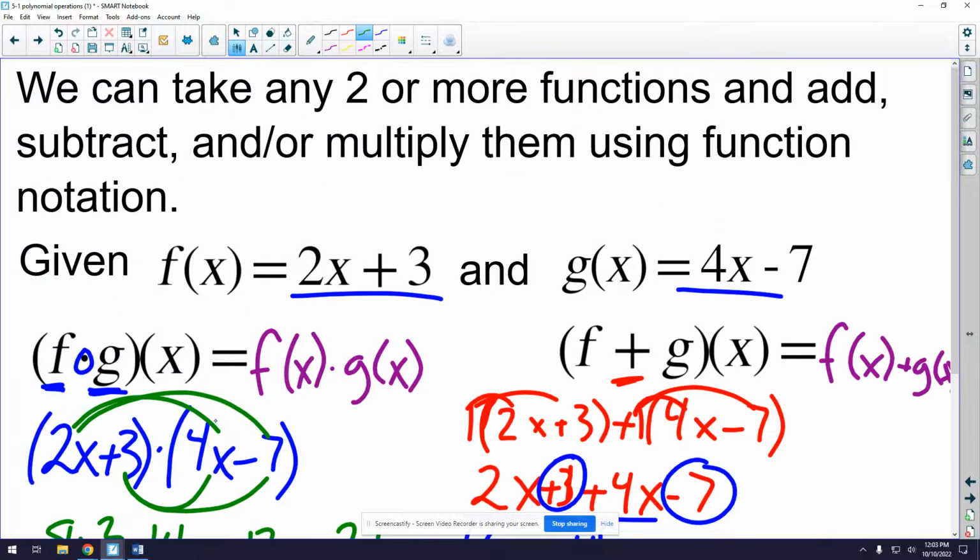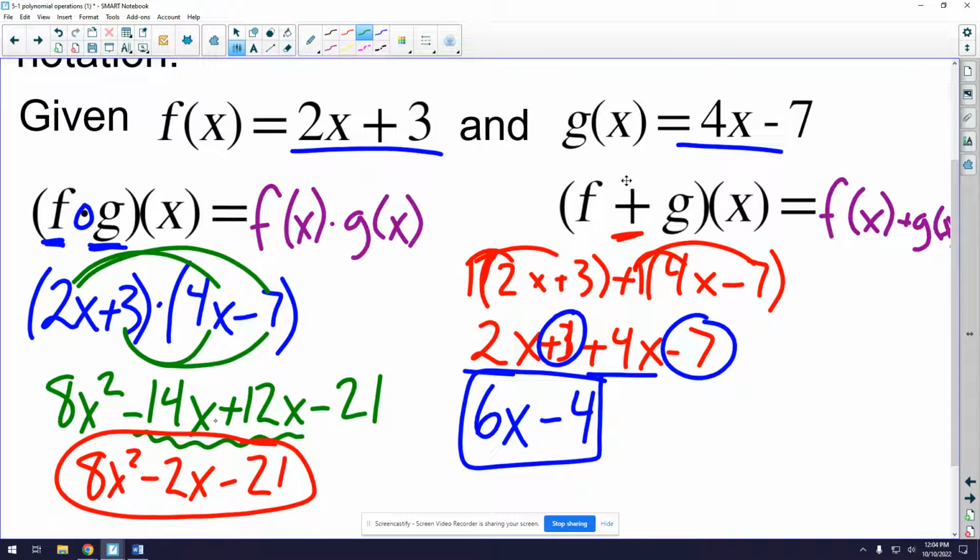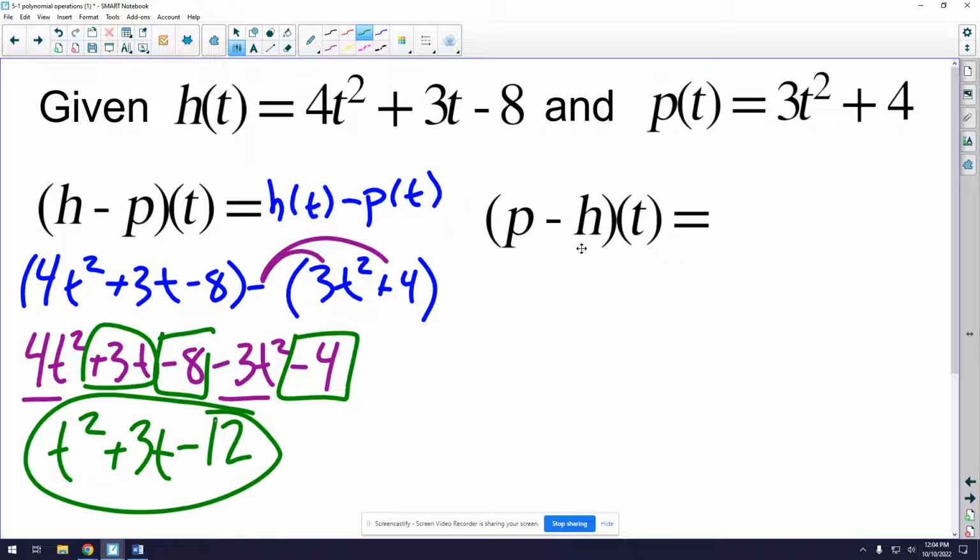So with addition and multiplication, if I would have switched the orders around, if I would have asked you to do g times f, you'd get the same answer. If I would have asked you to do g plus f, you would get the same answer. But here, when I switch the order around for subtraction, it's going to change the answer. So I'm going to take p and subtract h.